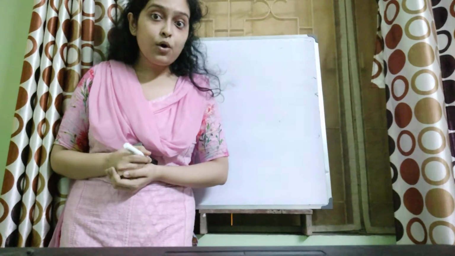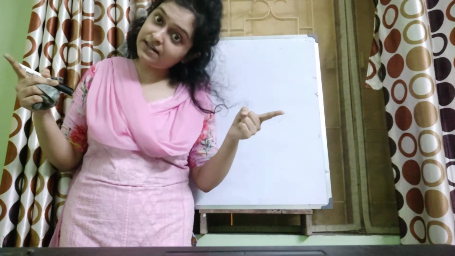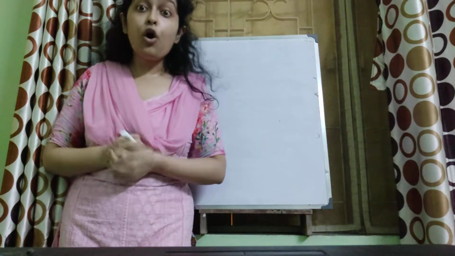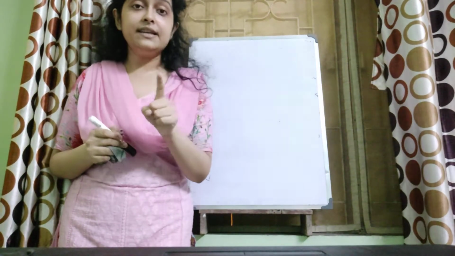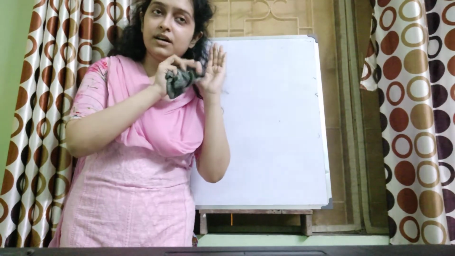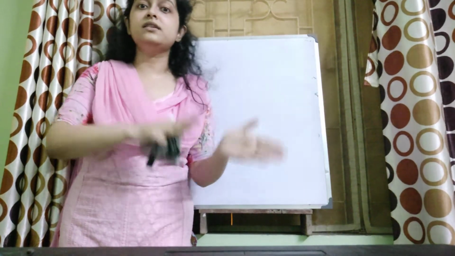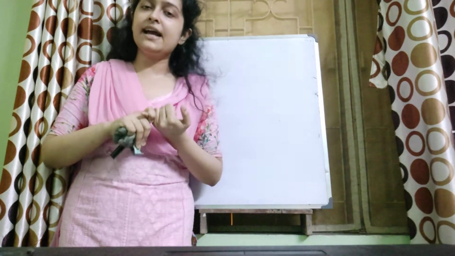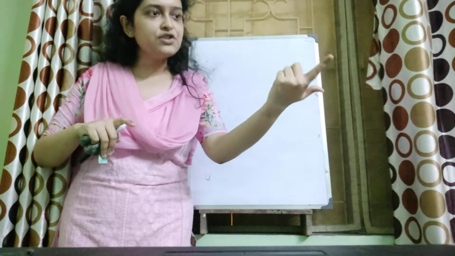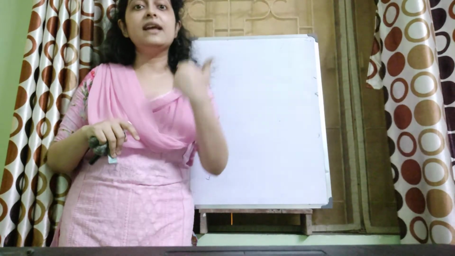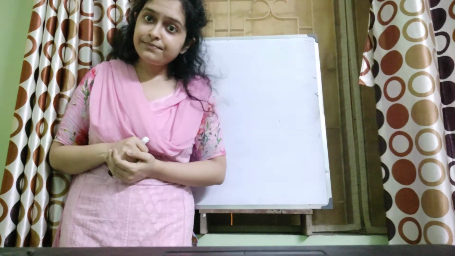We know opposite charges attract each other. So, even a charged body can attract an uncharged body, right? A charged body can attract opposite charge. Also, it can attract an uncharged body.